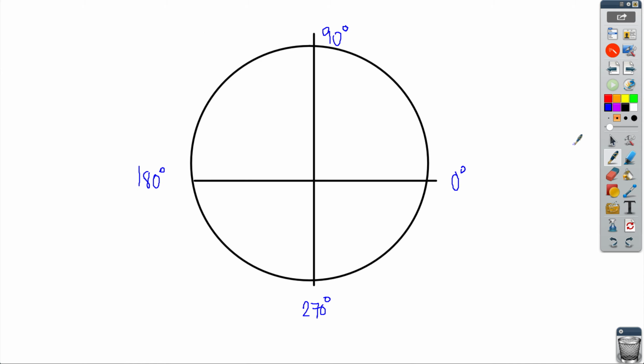All right, so let's go over your circle. In a circle, you know that a complete full rotation, regardless of direction, will produce a 360-degree angle. But you also know that in that circle, you can divide the circle into 4 parts, where you have the first quadrant, which will be a 90-degree measure.